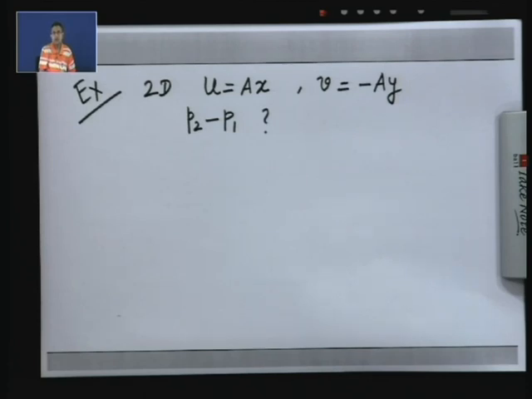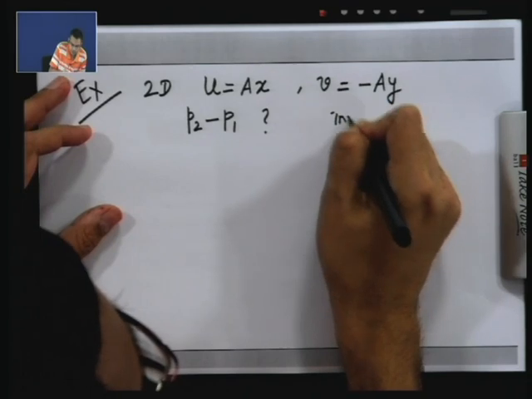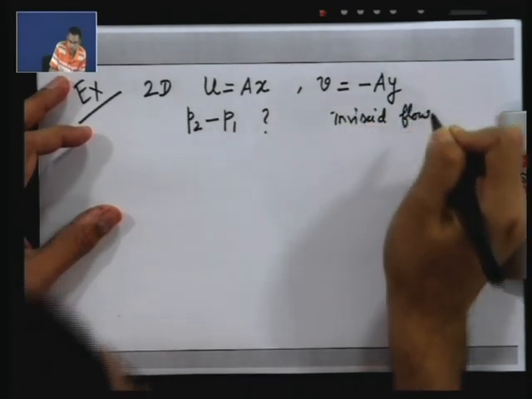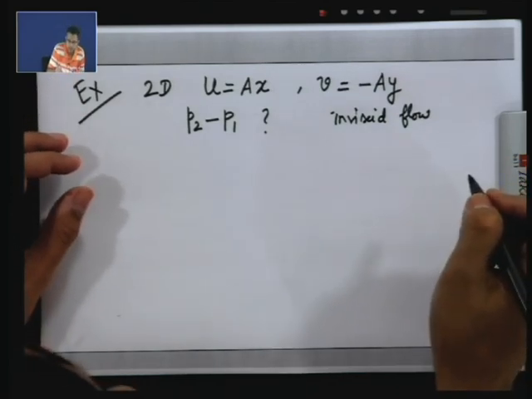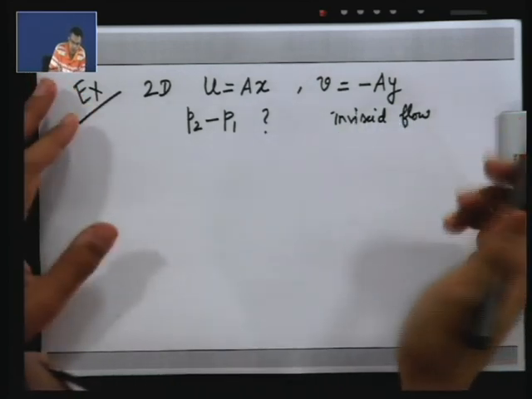Whether it is irrotational flow or not, let us check. So we will consider that it is inviscid flow, that is an assumption, and why we are making the inviscid flow as an assumption I will discuss in a moment, but before that let us check whether it is irrotational flow or not.